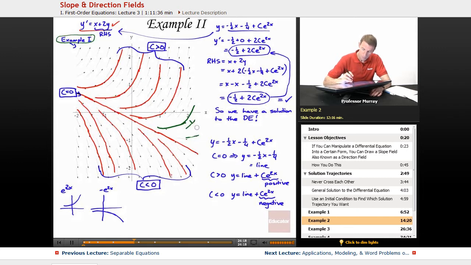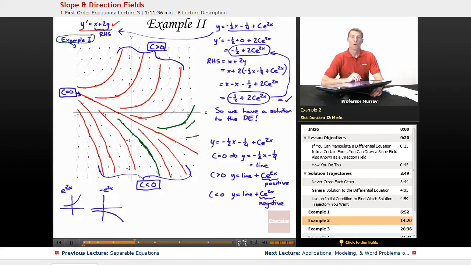So no cutting the arrows, it's got to follow the arrows. So I started out by noticing that some of these arrows gave me a straight line in the middle, and then if I connect the dots above the line, I get these solution trajectories curving upwards. Below the line, I get all these solution trajectories that, to be parallel to the arrows, have to curve down.